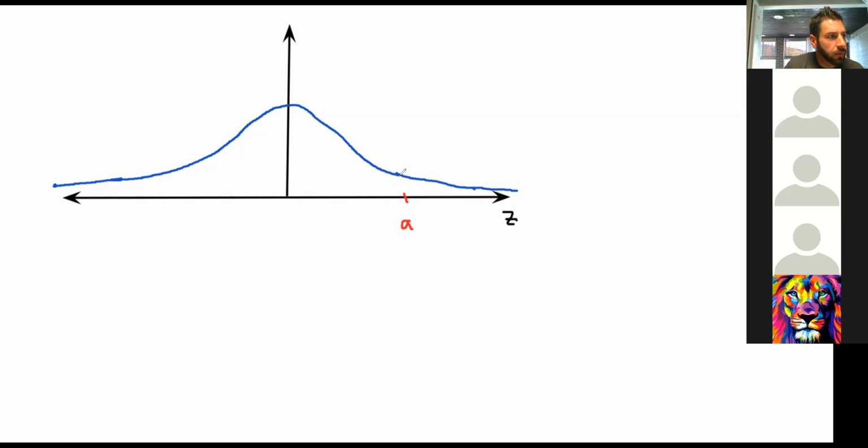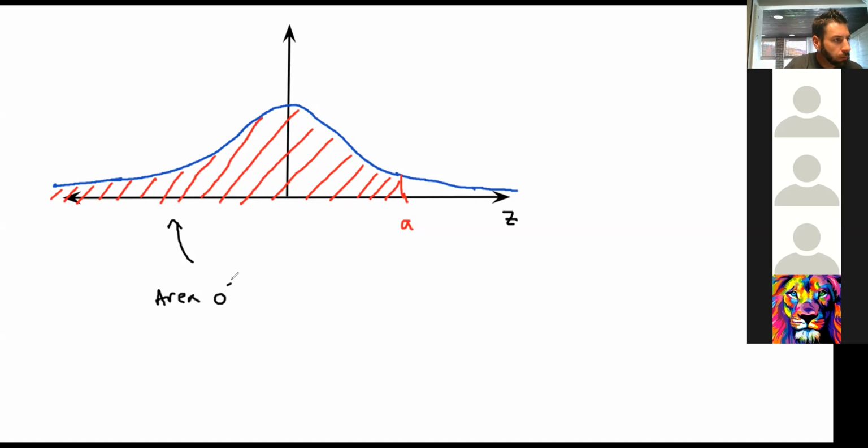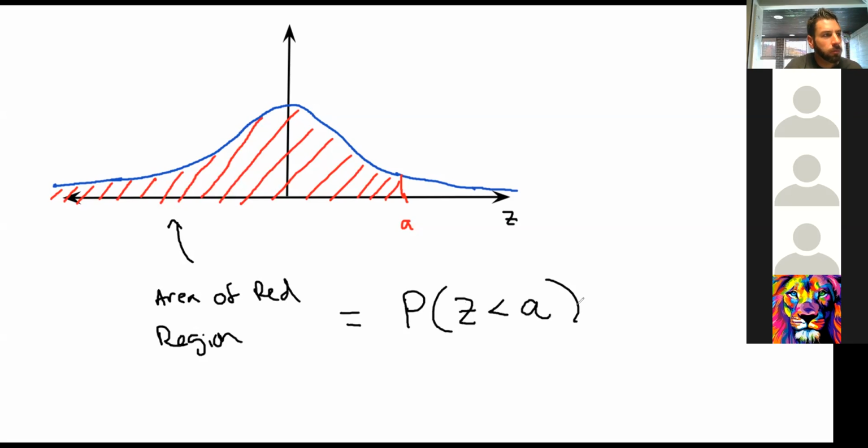And so what I'm saying is if we were somehow able to compute the area of this shaded region, which I'm coloring in like this, the area of this red region is actually equal to the probability that Z is less than a.